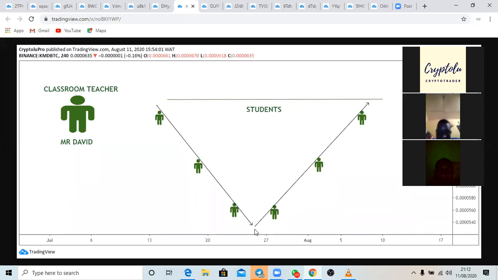Okay. And for this second one, what will you call this one going up? What will you call it? Let me see your comments. What will you call this second one for these last three students? Anyone?